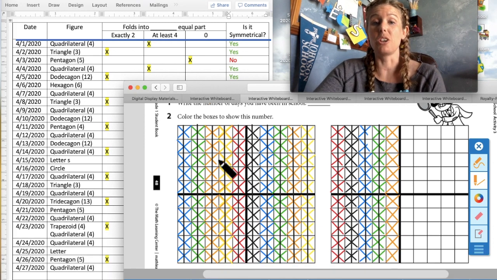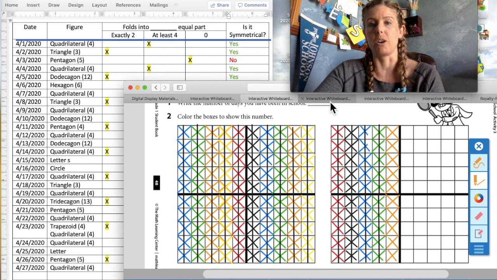We can actually just count by 25s now. 25, 50, 75, 100, 125, 150. That is a lot of days of learning, first grade.